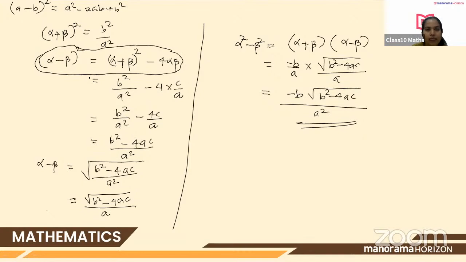And when we combine a square plus b square here, what is the expansion there? A plus b into a minus b, right?